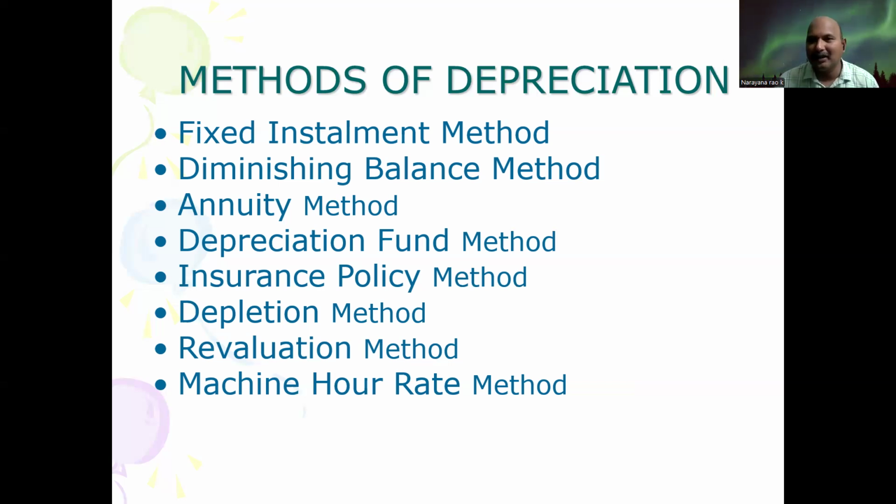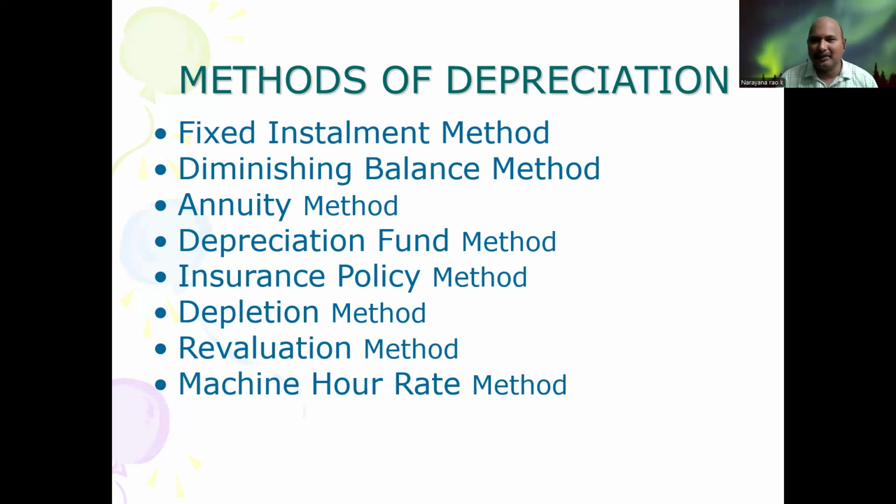Because under this method, whatever amount we charge as depreciation, that much will be invested in an investment or deposited in a bank which has a fixed rate of interest. Then at the end of the lifetime of the machinery, it is easy to buy. The businessman can easily buy that asset again for replacement.